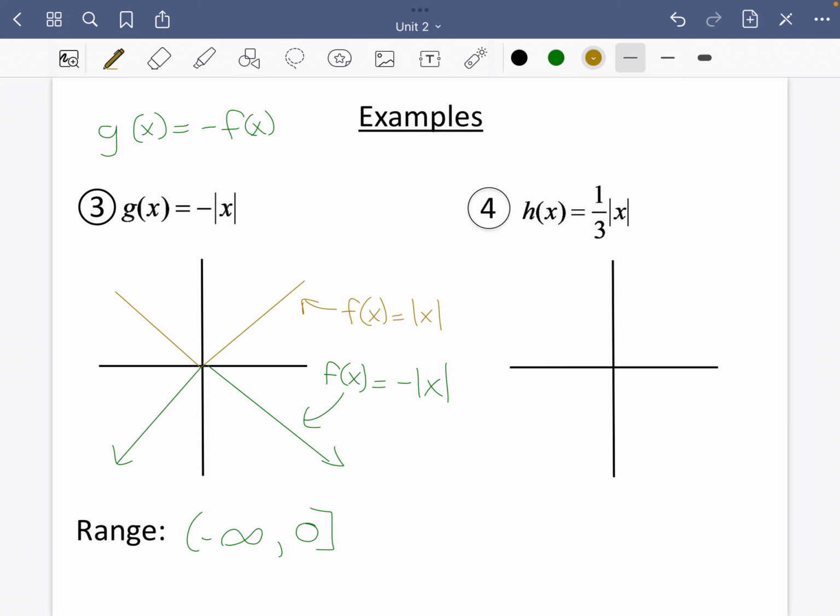What about for number 4? So here we have h of x is equal to 1/3 the absolute value of x. So again, our base graph is an absolute value graph. So this is f of x equals the absolute value of x. h of x then is 1/3 of f of x.